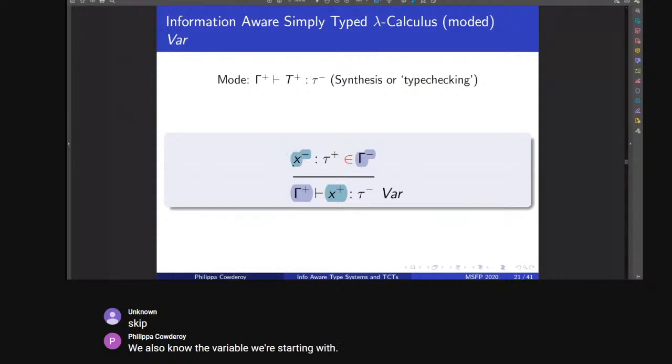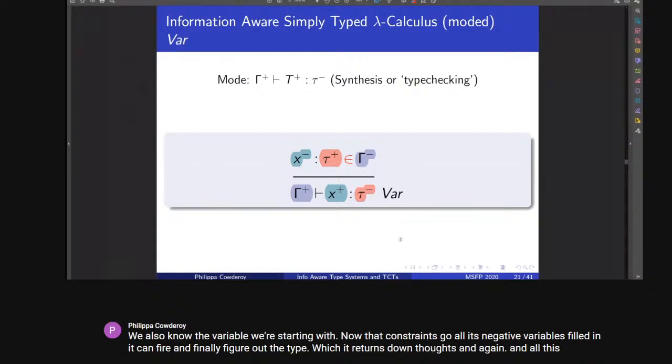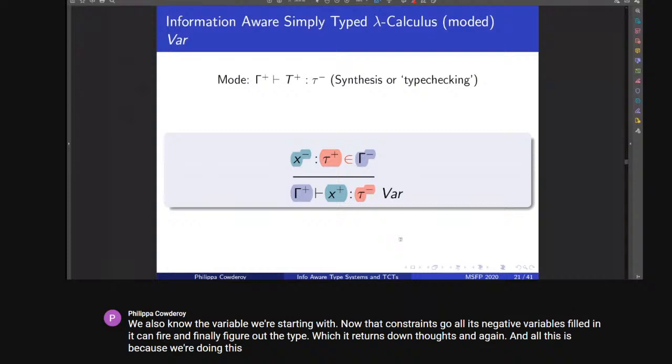Now that constraint's got all its negative variables filled in, it can fire and finally figure out the type, which it returns down at the bottom again. And all of this is because we're doing this for type synthesis. If we were looking for free variable types, the data would flow completely differently.